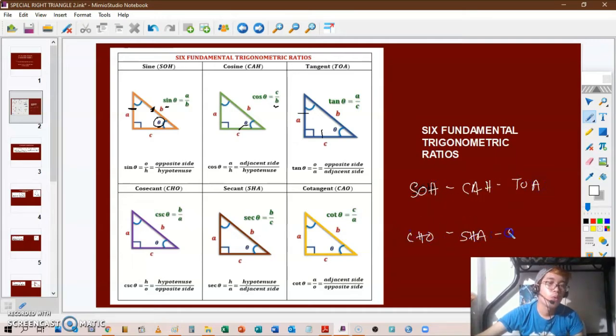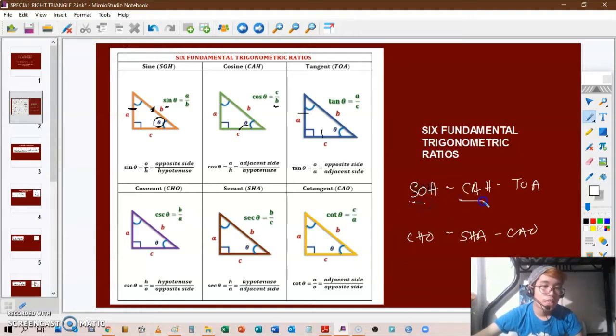So sine is equal to opposite over hypotenuse, cosine is equal to adjacent over hypotenuse, TOA is equal to opposite side all over adjacent side, CHO is cosecant, equal to hypotenuse all over the opposite side, secant is equal to hypotenuse over adjacent side for the SHA, and CAO is the cotangent theta, equal to adjacent side all over opposite side.